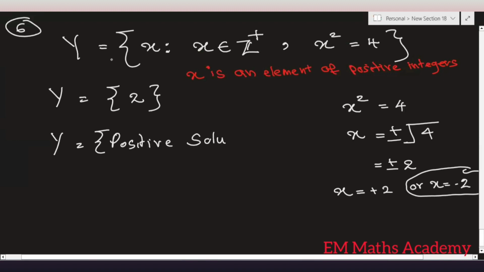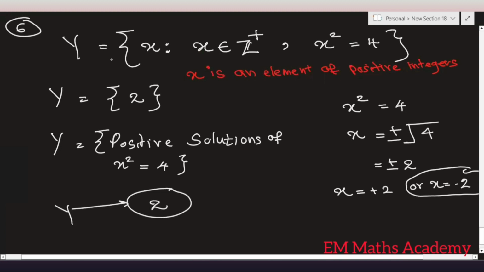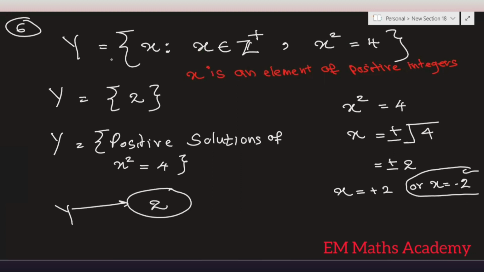Positive root or positive solution. Positive solutions of x squared equal to 4. Then using Venn diagram method, this is y, then only 2. Okay, did you understand so far? Here we discuss about representing a set.